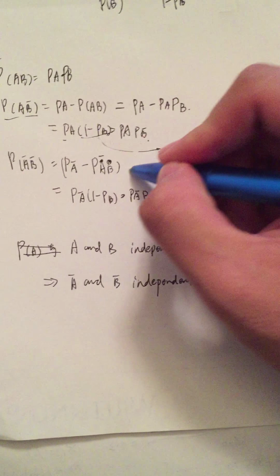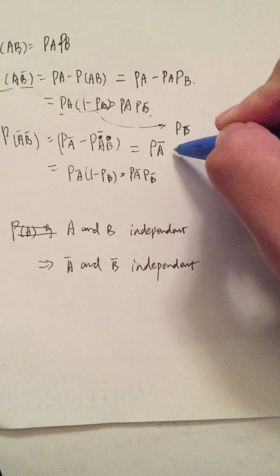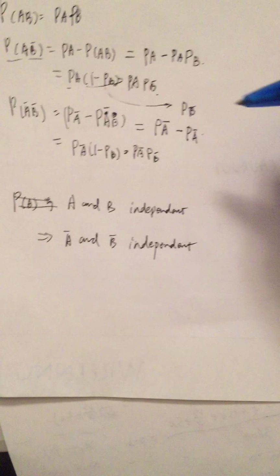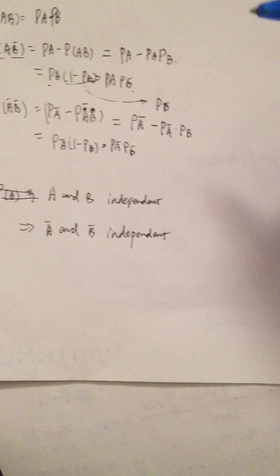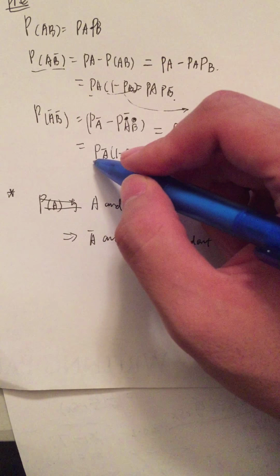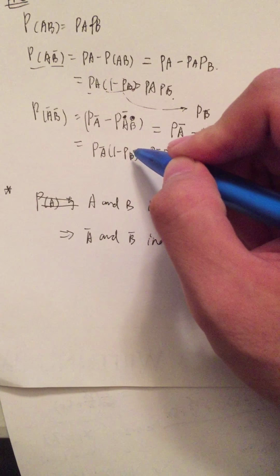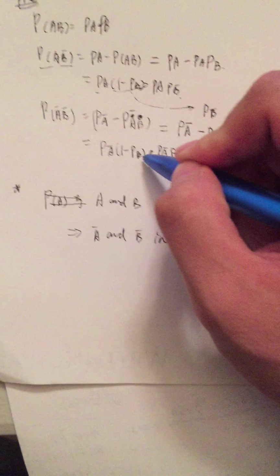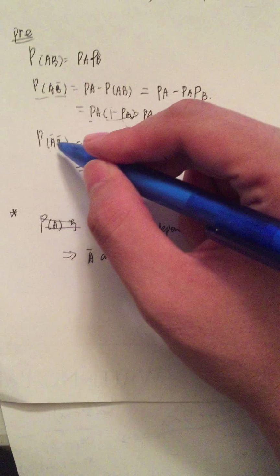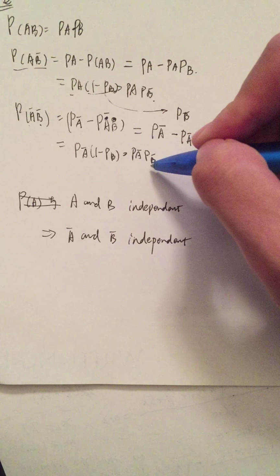And this one is exactly P(not A) times (1 minus P(B)), and 1 minus P(B) is P(not B). So P(not A not B) is equal to P(not A) times P(not B).